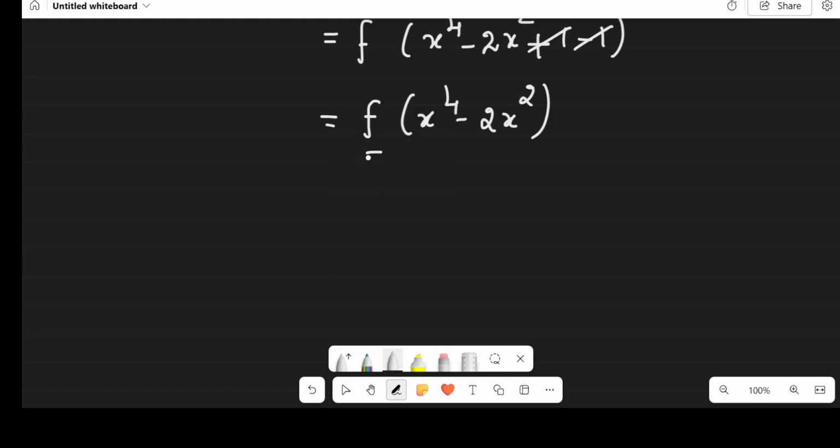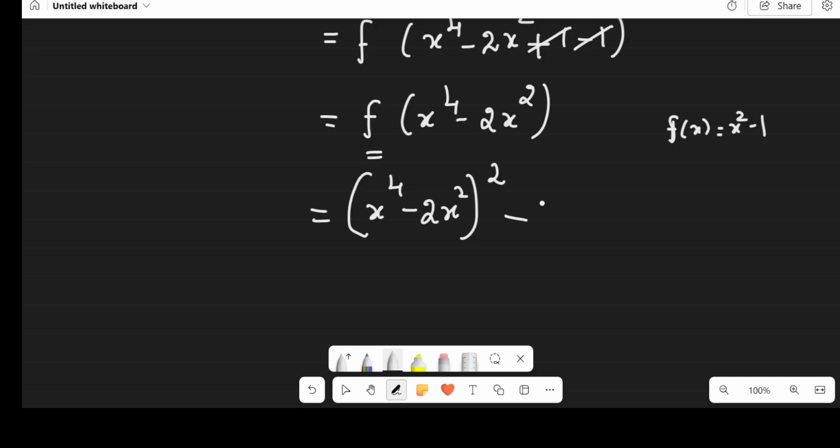Now, what we have to do, here f is given, right? So we should consider, again we should consider f of x, x square minus 1, right? In this formula, we should apply this value in place of x. So here x square, what is x here? X power 4 minus 2x square, the whole square minus 1, right?